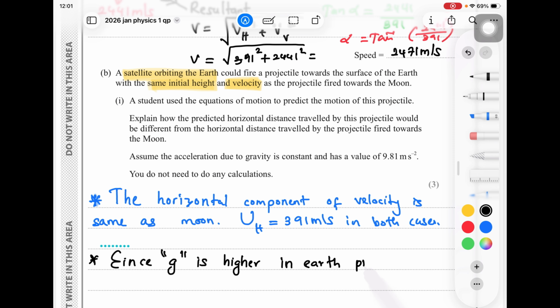That's how we say it, the projectile accelerates downwards. It's coming downwards. Then what will happen is it will hit the ground faster.